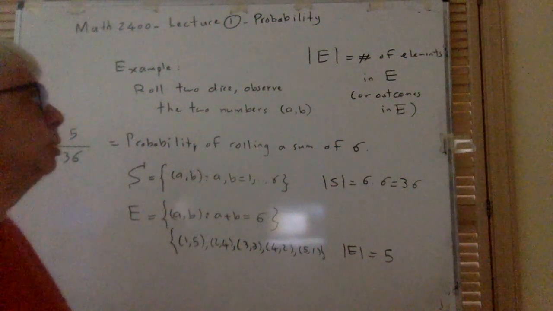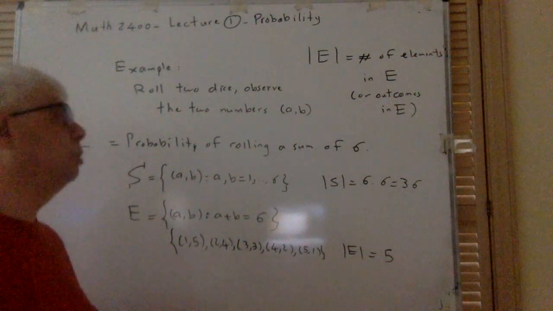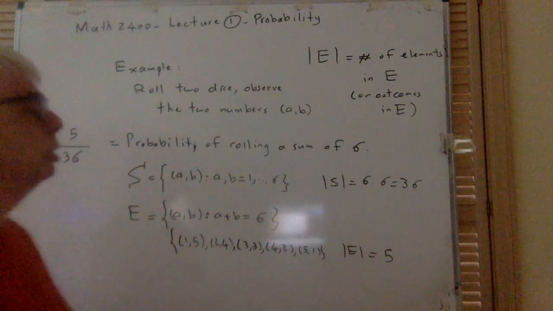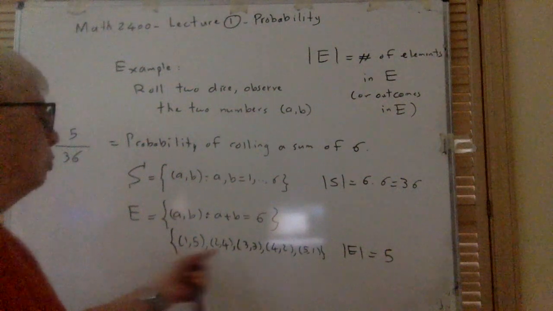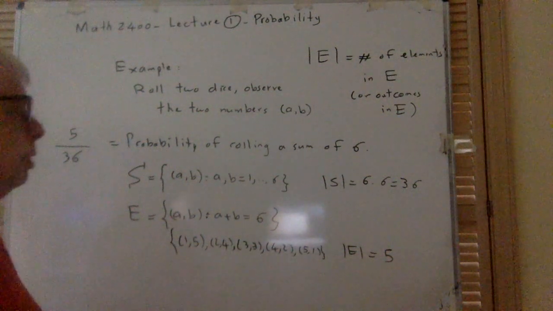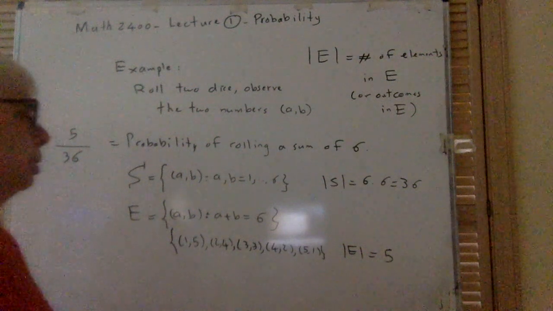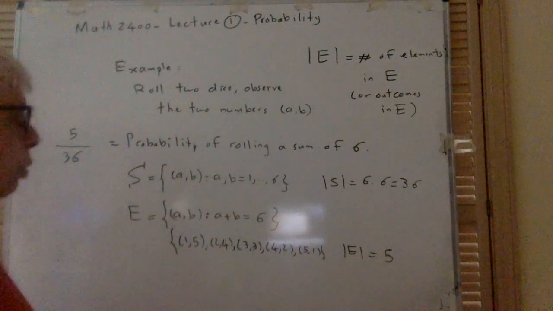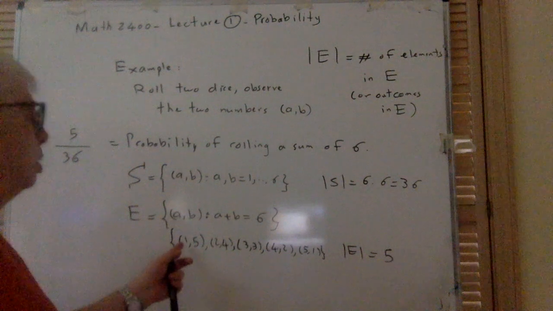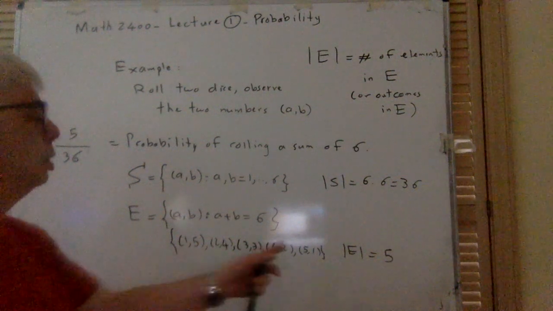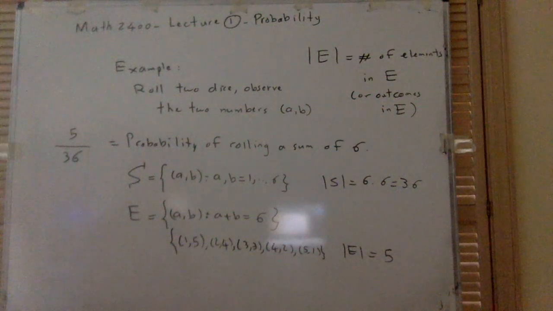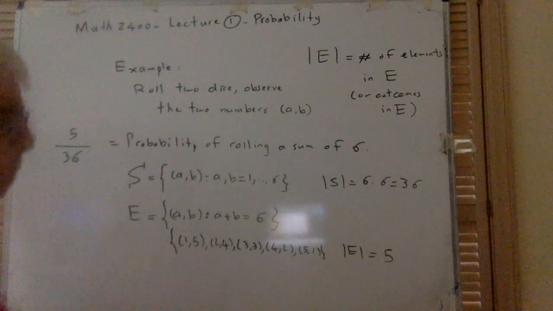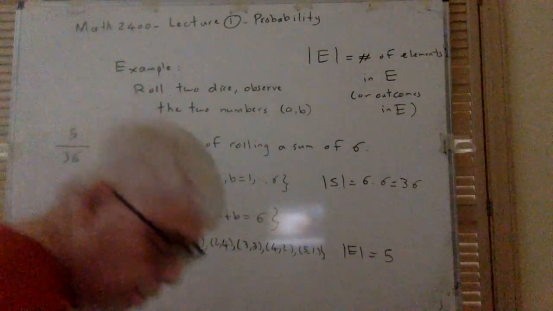Sometimes when I give you a problem, I say 2 dice of different colors, because some students might ask, what's the difference between 1, 5 and 5, 1? That's true, if you cannot distinguish between them, then they're the same. But when they have different colors, this is red, this is yellow, so this is red, yellow, this is red, yellow. That is implicit in problems on rolling dice, that they have different colors.